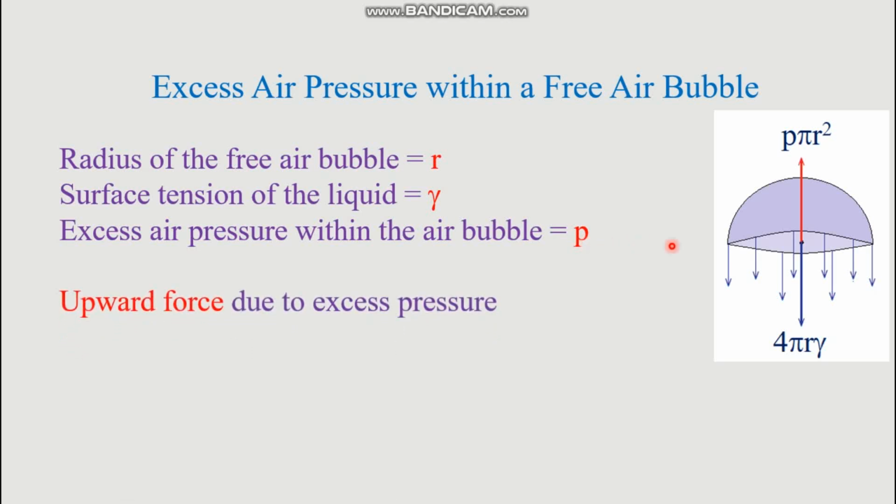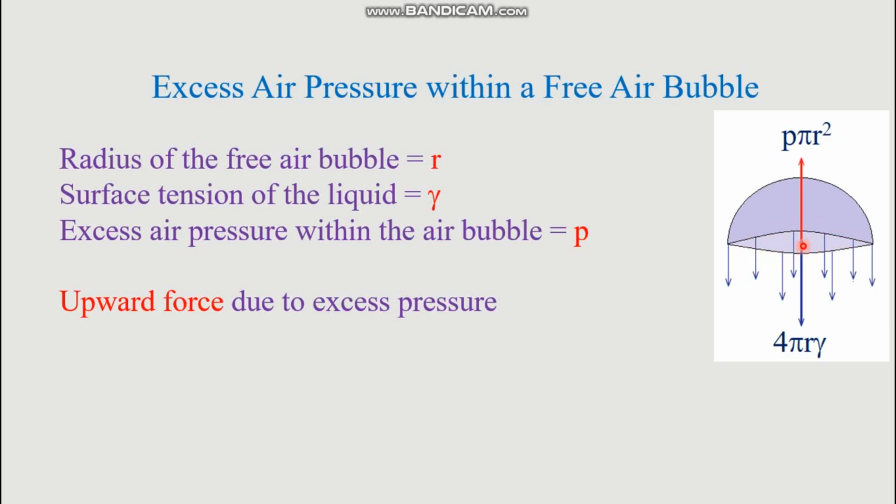Now the upward force. This force is only due to this excess pressure, because the atmospheric pressure outside and inside cancel each other. So which force is left in the upward direction? Only the force due to excess pressure. So if p is the pressure and r is the radius of this disk, then pi r squared is the surface area of this disk.